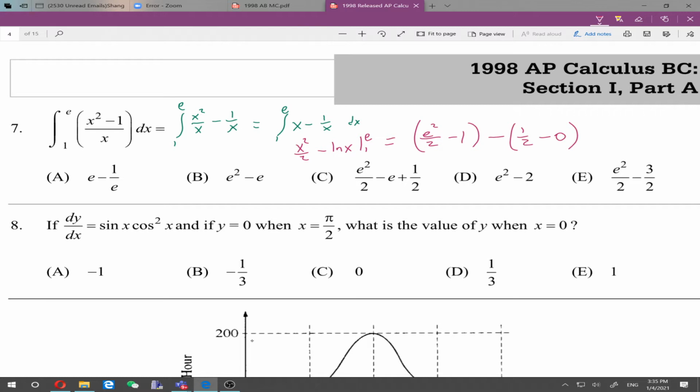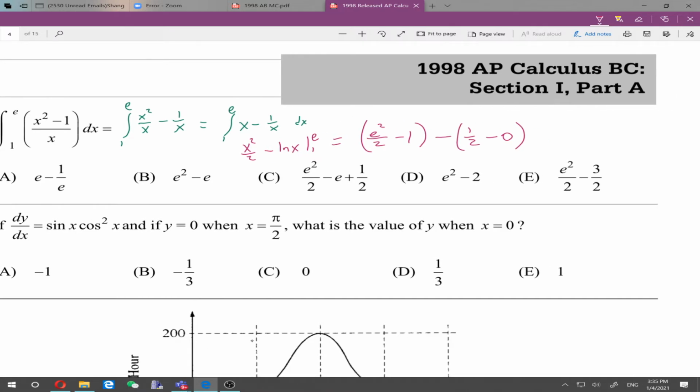Perfect. So I've got e squared over 2 minus 1 minus 1 half. What is minus 1 minus 1 half? Not 1 half, no. Negative 1 minus 1 over 2, negative 3 over 2. Negative 3 over 2, okay. So that should be our answer. And we match here.